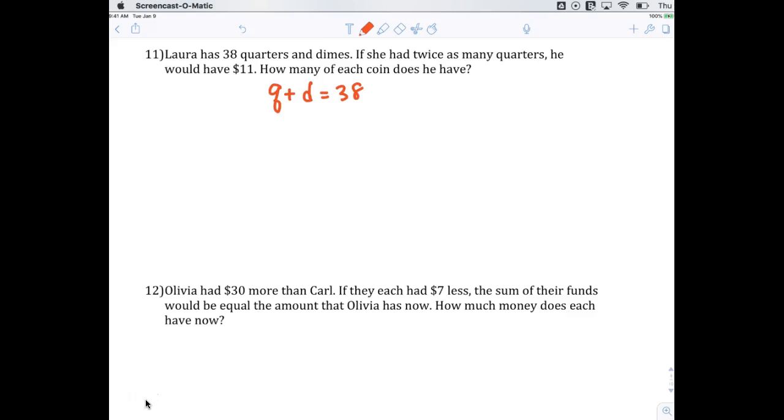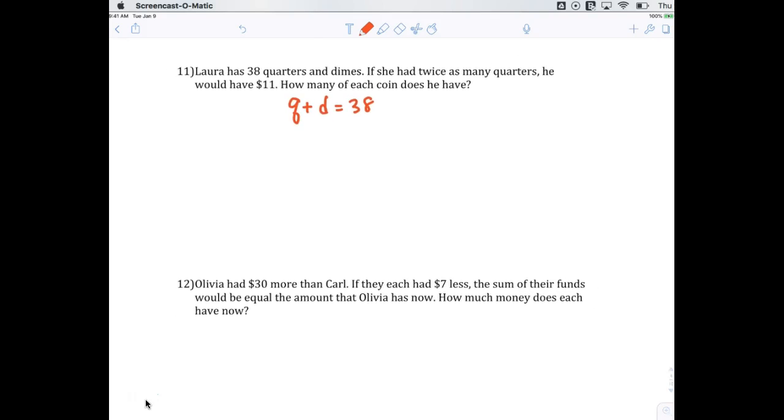Now, it says she had twice as many quarters. I know, it says he and she. Yes. All right. So, if she had twice as many quarters, he would have $11. So tell me. Show the 2Q.